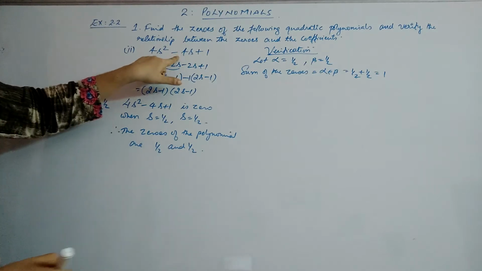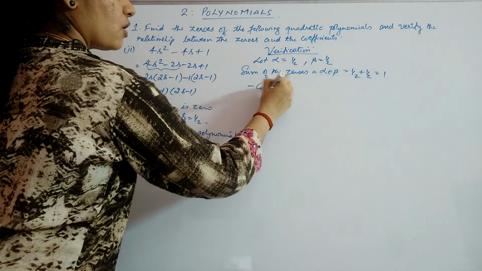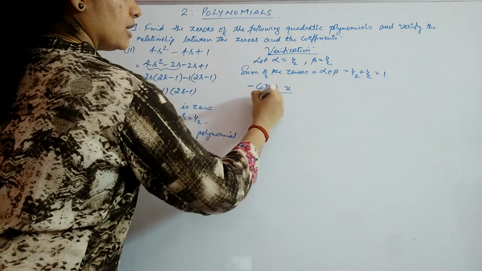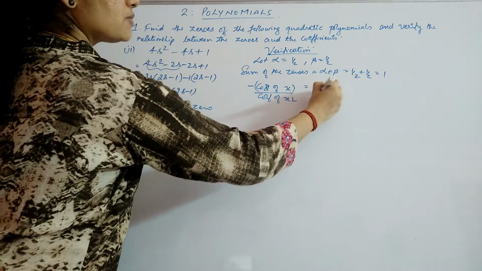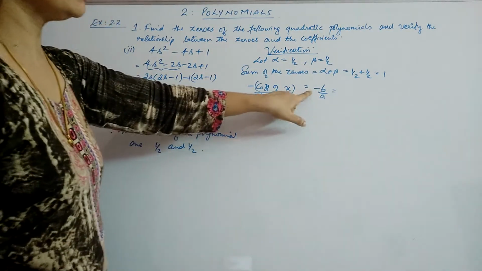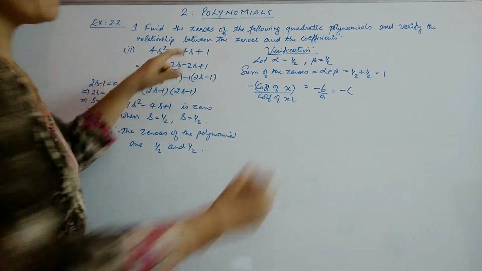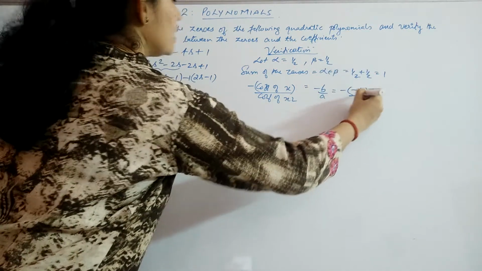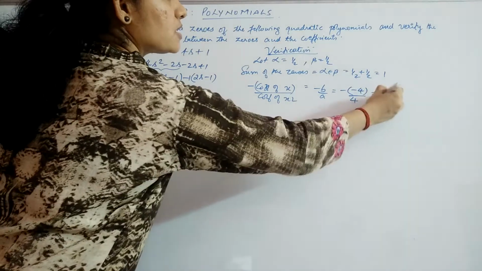Now we can go to this side, that is negative coefficient of x divided by coefficient of x square. These two should be actually equal, right? Which is minus b by a, and minus b by a is minus of, what is b here? Minus 4. Minus 4 divided by a is 4, so that the 4 cancels, negative into negative gives positive 1.